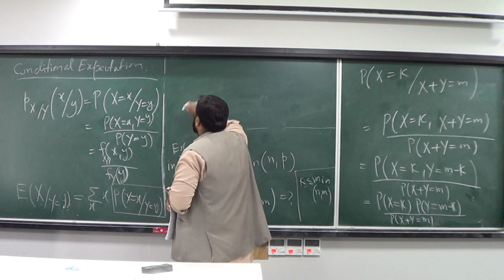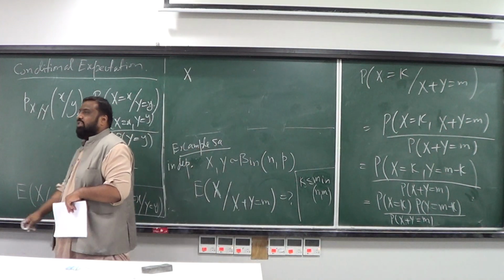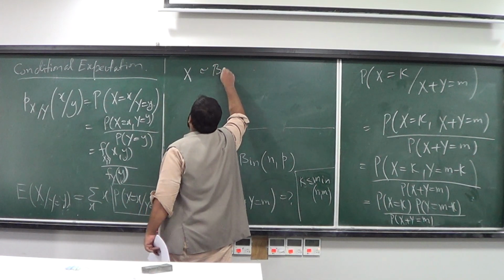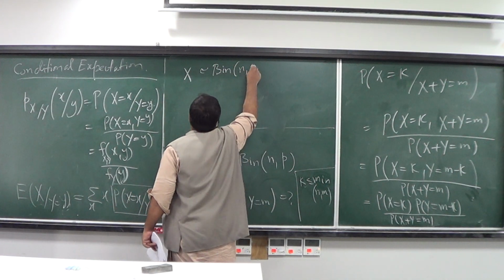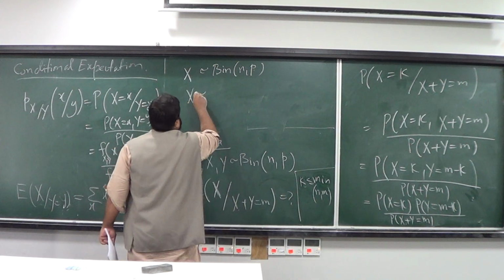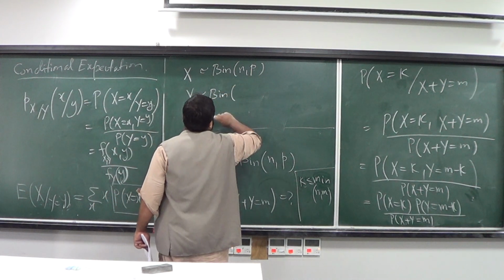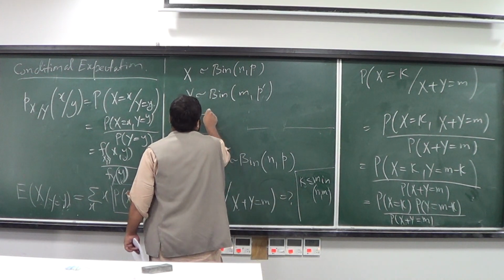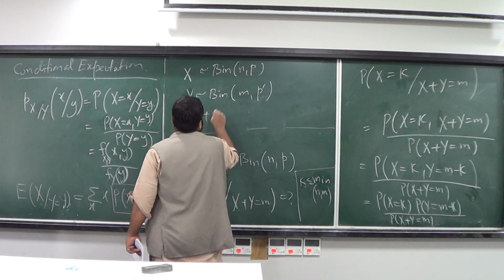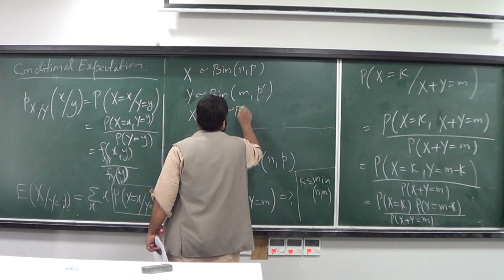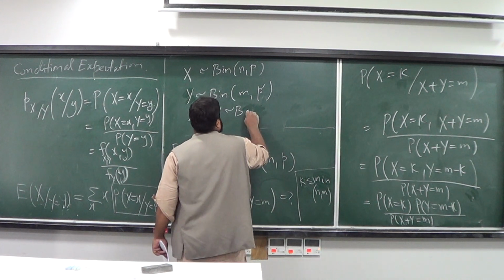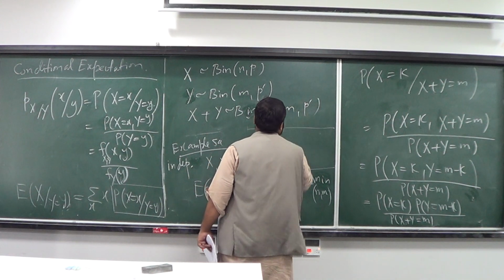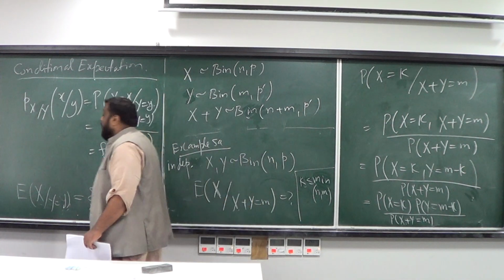I hope you did the exercise that I said you should do in your last class, that if X is a binomially distributed random variable with parameters n and p, and Y is a binomially distributed random variable with parameters m and p prime, then X plus Y is a binomially distributed random variable with parameters n plus m and p plus p prime.